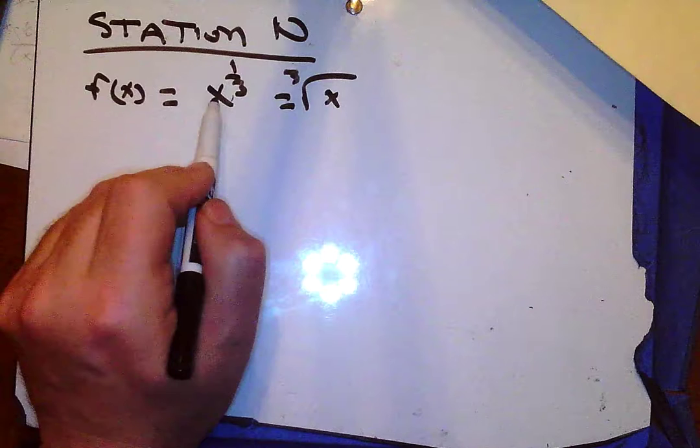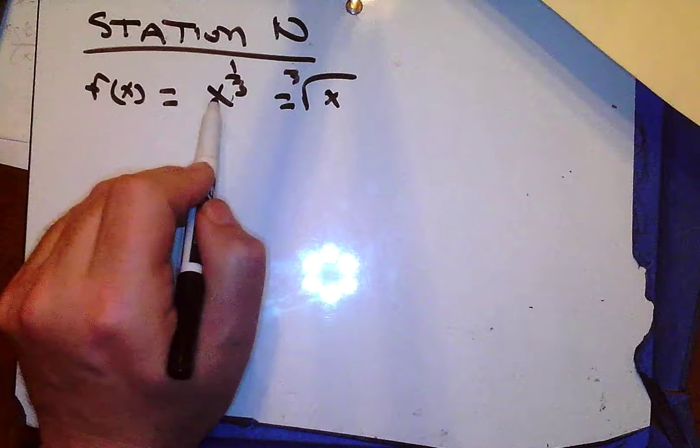So f prime does not exist when x equals 0. So because of that, I do not meet the preconditions. But luckily, we were told to show that on this interval, our function does not satisfy the hypothesis of the mean value theorem. Good, we're done.